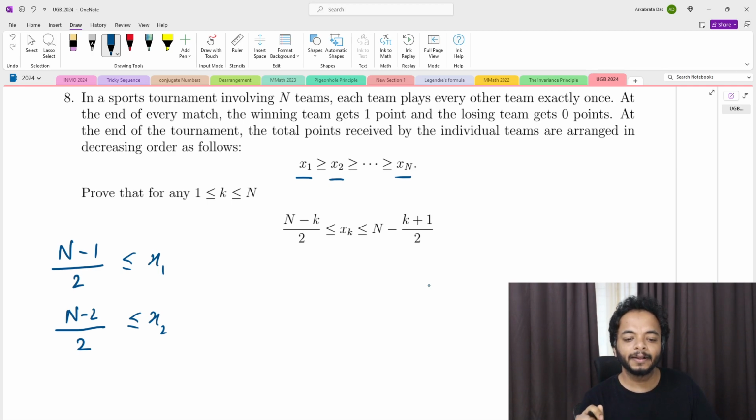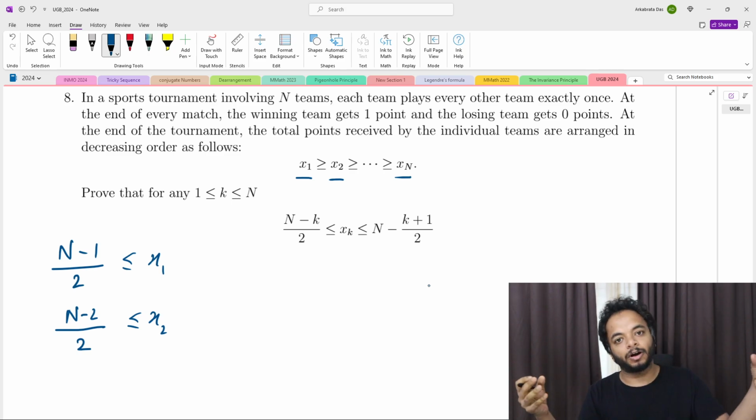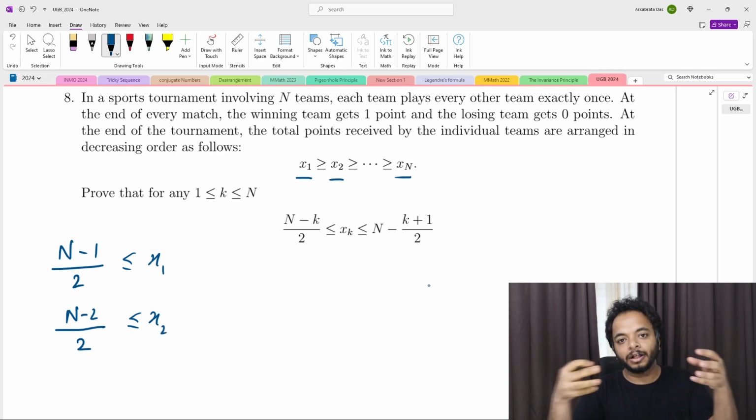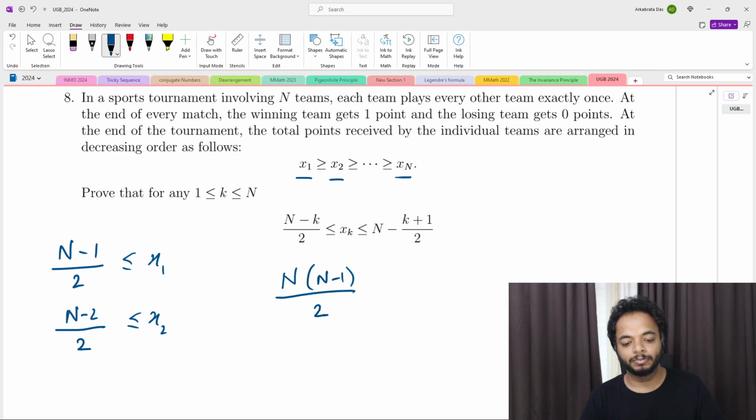Then we get to see that the minimum can be when all the teams, from x1 through capital Xn, have won the same number of matches. In that case, the total number of matches is capital N times (capital N minus 1) by 2, basically capital N choose 2.